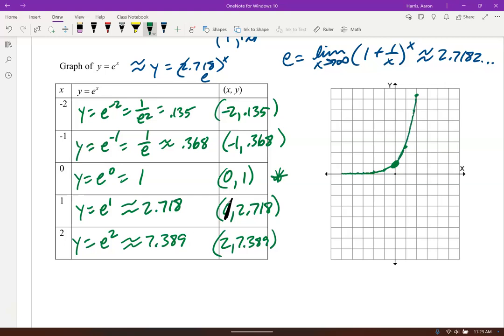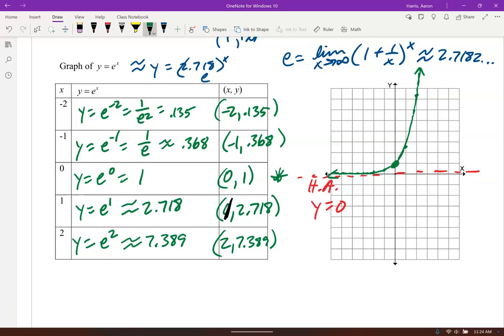So if you notice, it goes up a little quicker than that last one, but it still has a horizontal asymptote of y being 0.